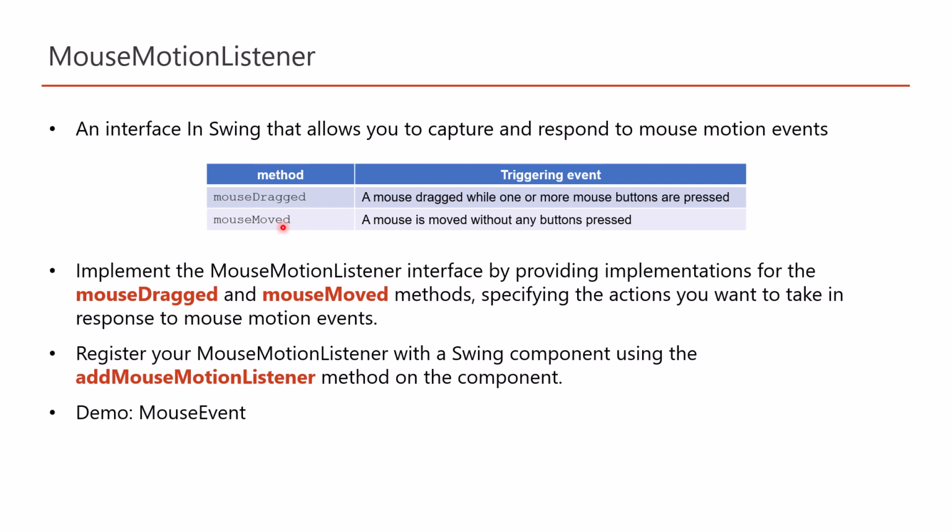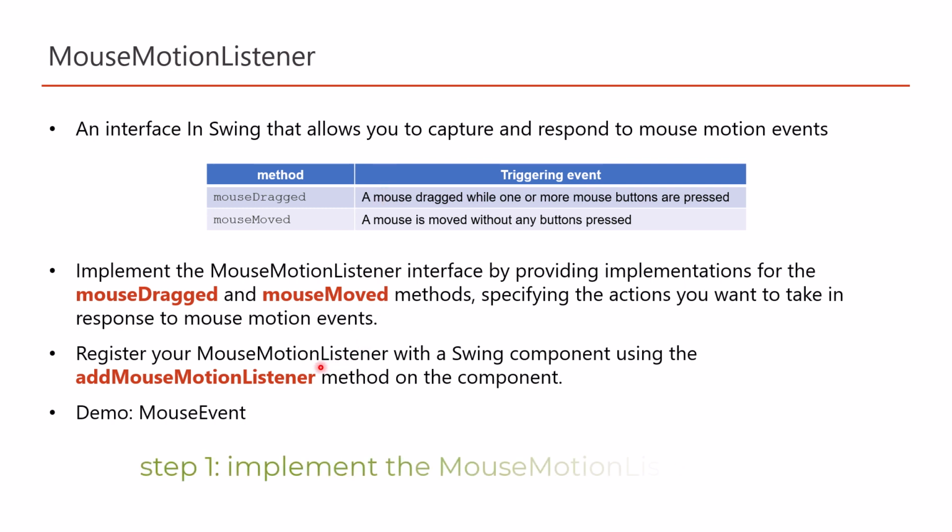Common use cases include updating the GUI based on the mouse's position, showing tooltips, or highlighting components as the mouse hovers over them. To use the MouseMotionListener in Java GUI development, you typically follow these steps.